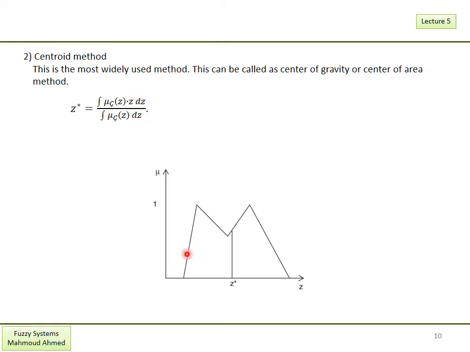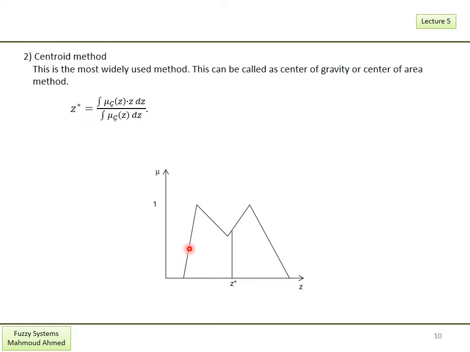So this means we have to get, for all these straight lines, the equation describing this line and multiply it by z, and at the end divide it by the integration of this membership function. This can be obtained numerically by calculating each equation for the given straight line.